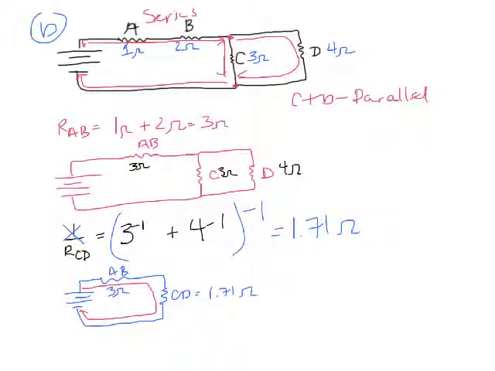So to get our final single equivalent resistor, we take 3 ohms plus 1.71 ohms. And that makes our equivalent resistor 4.71 ohms.